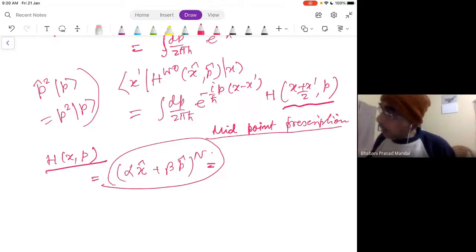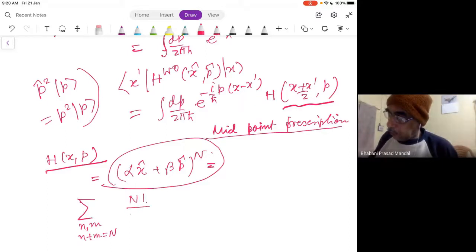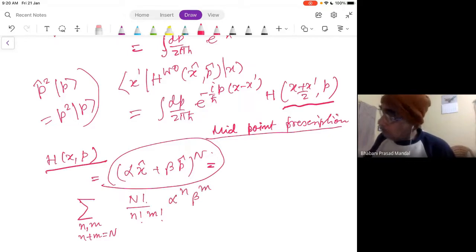I am going to write an expression for this binomial expansion, which you should prove or verify yourself. The sum over n and m such that n plus m equals capital N. This you must be familiar with from binomial expansion. N factorial over n factorial m factorial, and alpha to the power n, beta to the power m, and then operator x to the power n, operator p to the power m in Weyl ordering.